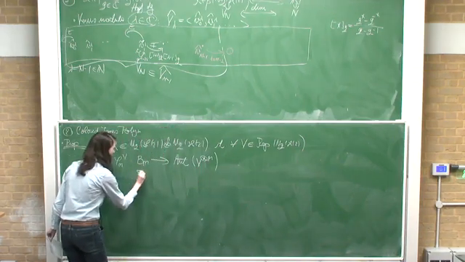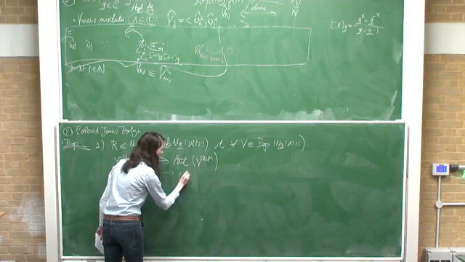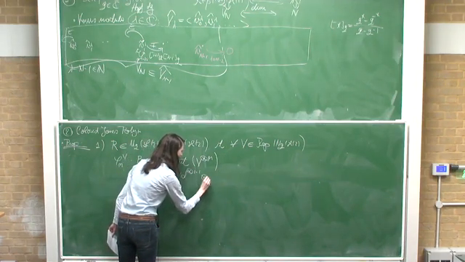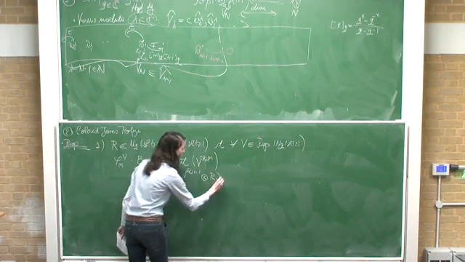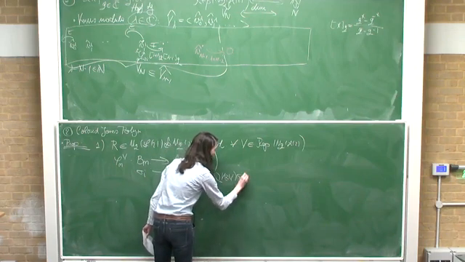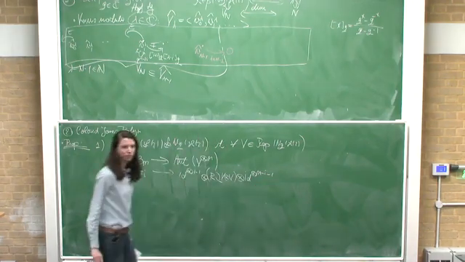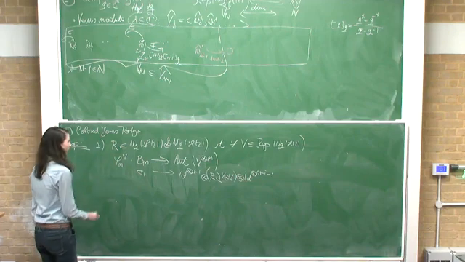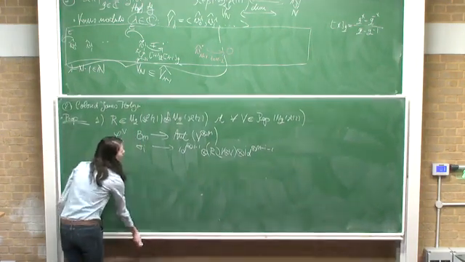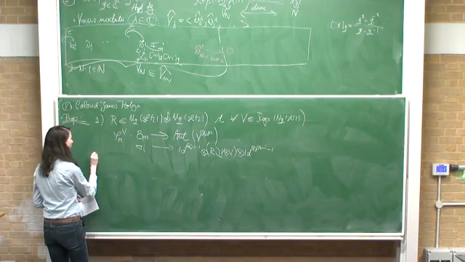Here the generator sigma_i goes to identity tensor i minus 1, tensor the action of the R matrix on V tensor V, tensor identity n minus i minus 1. Okay, and this is a well-defined representation of the braid group, and this comes from the property of the R matrix.